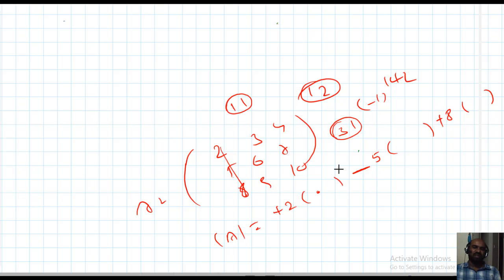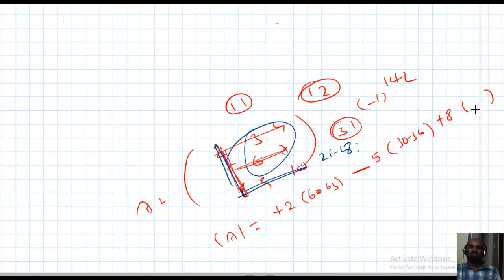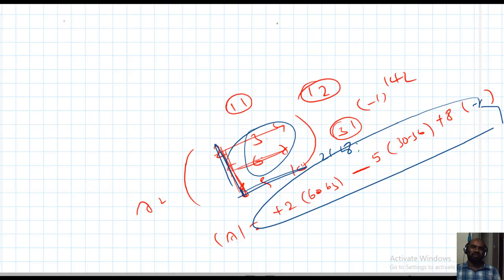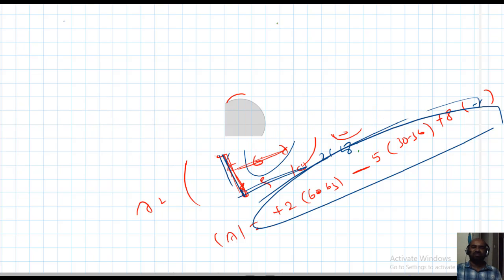Just write its minor here. 60 minus 63, 5 minus 5 into that row, that column removed: 30 minus 36. Last one, 8 into this row, this column removed: 7 3s are 21 minus 28, that is equal to minus 7. So simplify, what we will get is taken as the determinant of the 3 by 3 matrix.